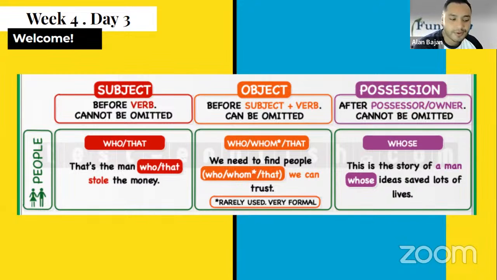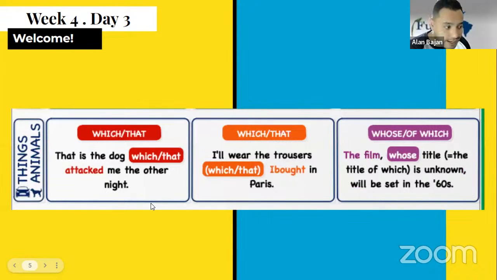This is the story of a man whose ideas saved a lot of lives. Whose, de quién, cuyas ideas. Esta es la historia del hombre cuyas ideas salvaron muchas vidas. That's a simple translation. We have for people, we have for animals, almost the same, right?